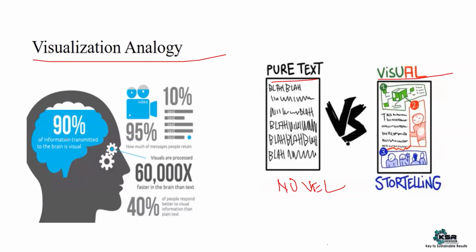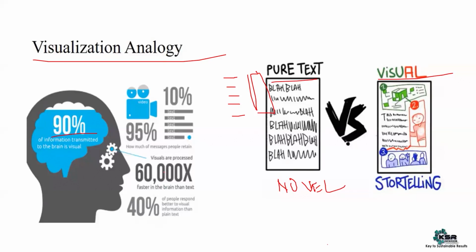90% of the information transmitted to the human brain is visual information. So if you write a 10-line text, and you create a visual next to it, the 10-line text may not be easily understandable by the human brain, but the visual is very easy to understand. That is the importance of visuals.